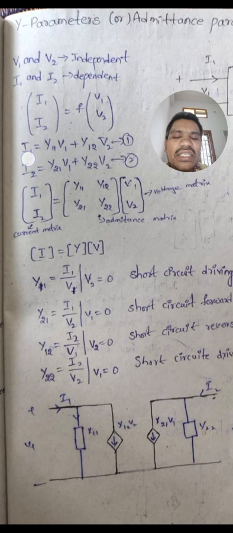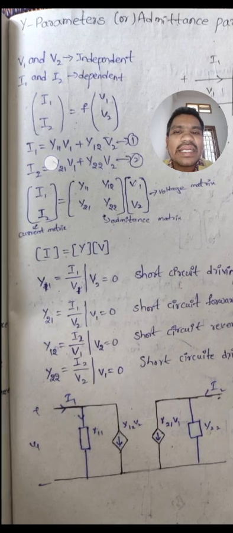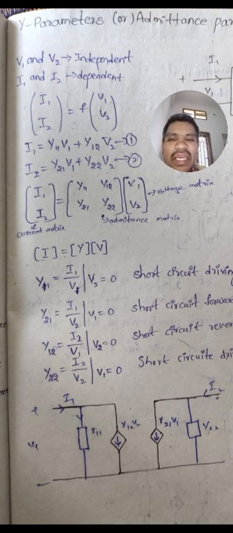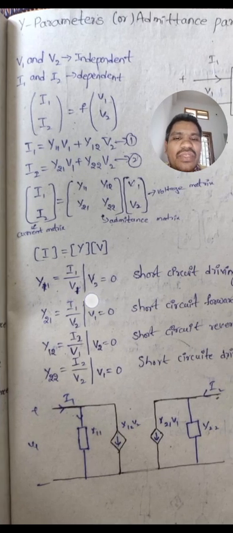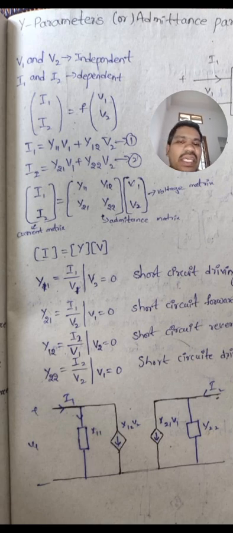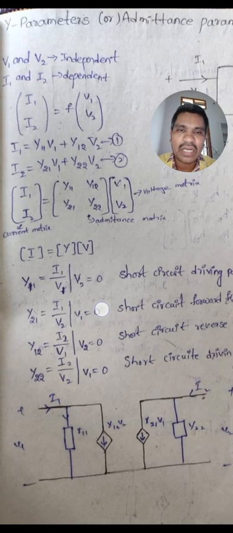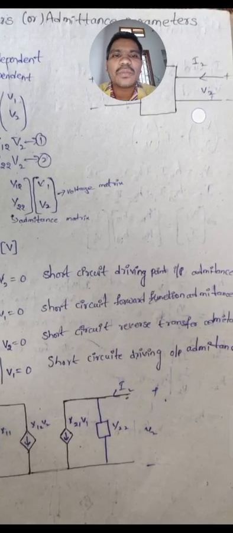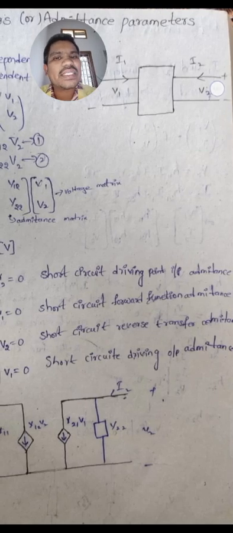We have I1 equals y11 into V1. So from this equation we calculate the admittance parameter, that is y11 equals I1 by V1 upon V2 equals 0. Here V2 at the output port is equal to 0, so we make the circuit a short circuit.